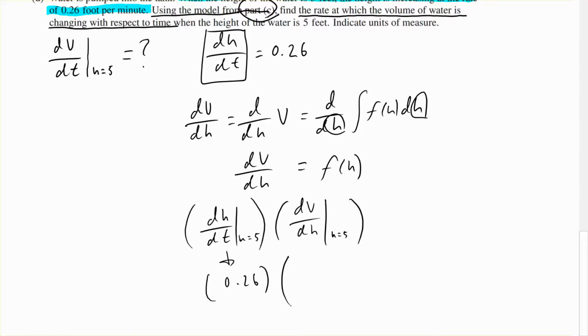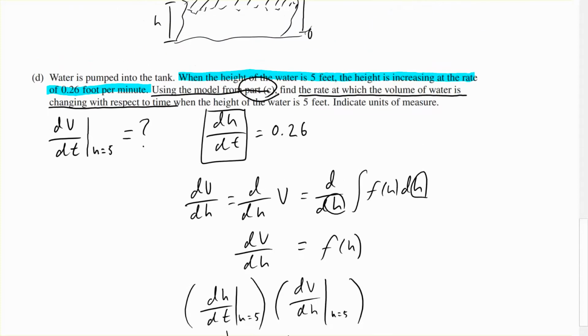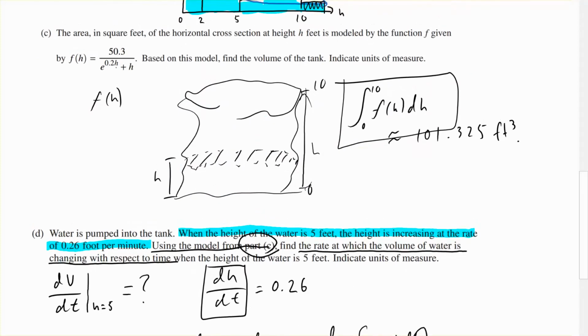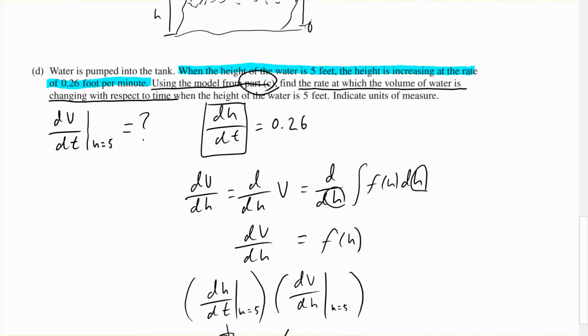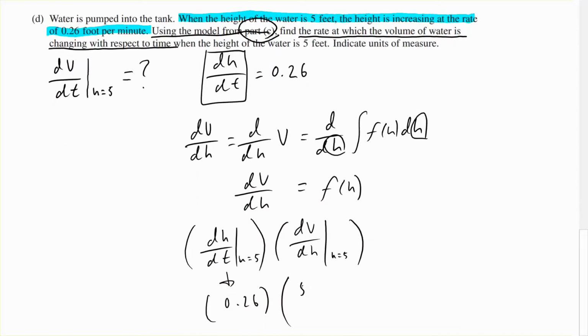And then in order to find dV/dh at h equals 5, we just find f of h, which is given up here. We're just going to bring that all the way down here and say 50.3 all over e to the 0.02h plus h. And we're going to evaluate this at h equals 5.